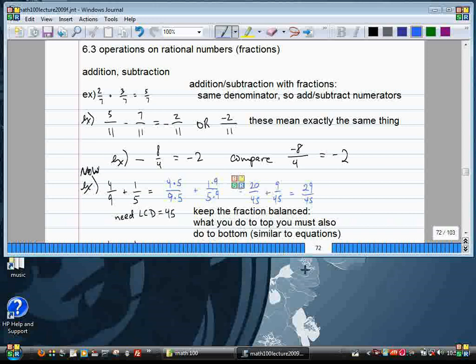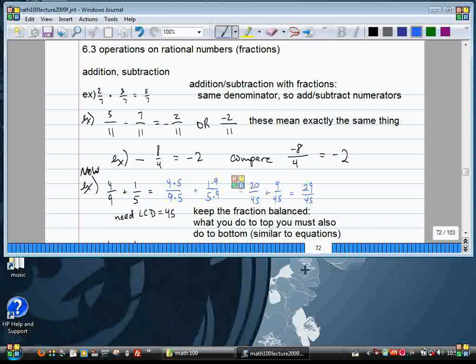Okay. So again, the idea here is that we're keeping things balanced. What you do on the top, you must do on the bottom, and that preserves the fraction. We often think about this going the other way where we reduce, right? Because 3/6 is the same as 1/2. Now, how do you get 3/6 to be the same as 1/2?